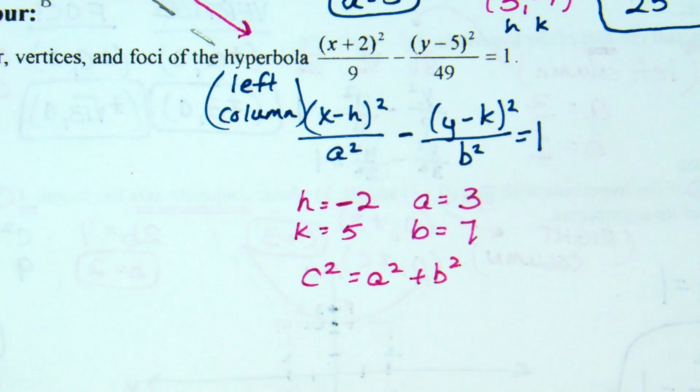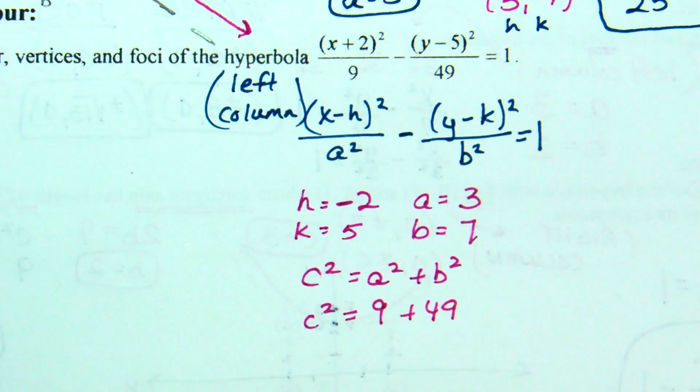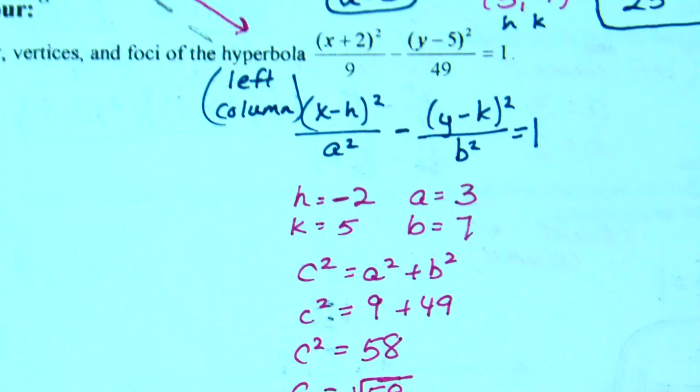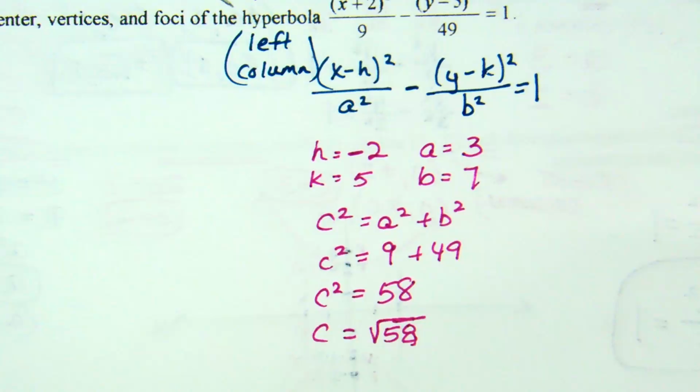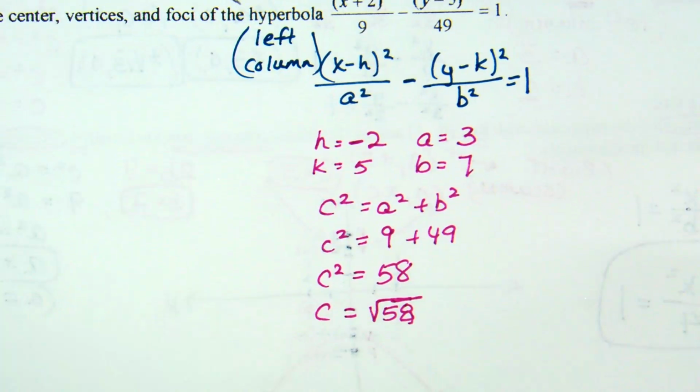So C squared is 9 plus 49, which is 58. So what's C? The square root of 58, approximately 7.62.